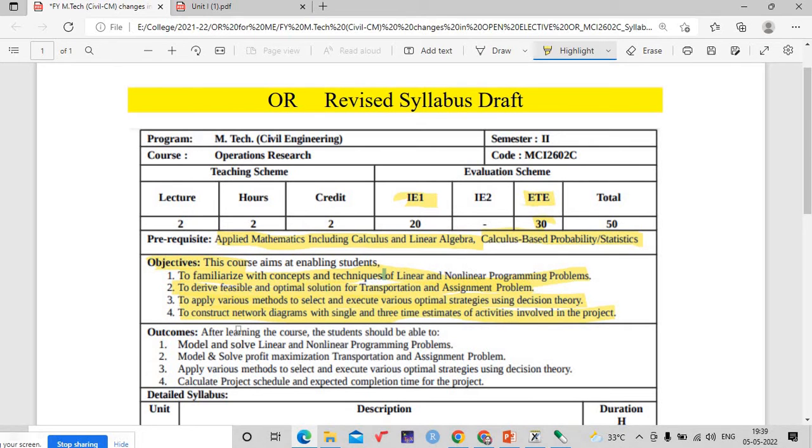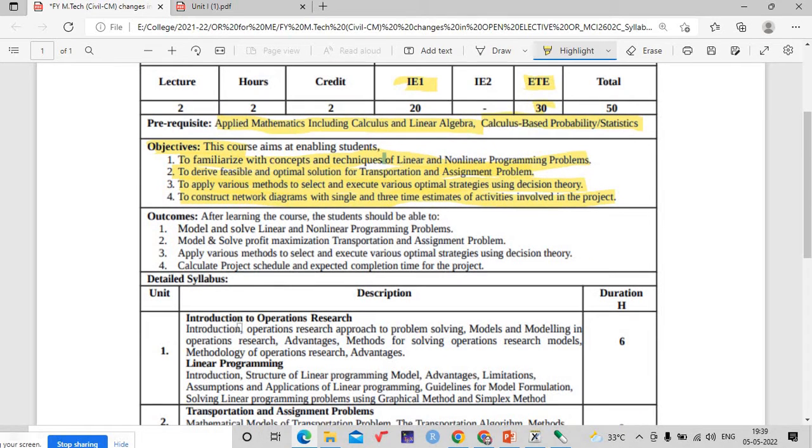So these are objectives of this particular course, and how we are going to achieve that objectives, that we will study over here. Outcomes are expected in this way.